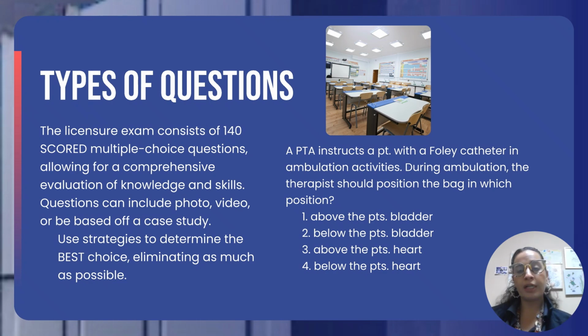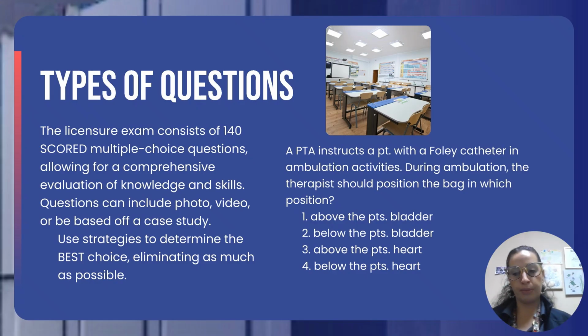But if I'm already thinking it's urine, urinary catheter, the two options that say above the patient's heart or below the patient's heart, and two options that say bladder. Well, urine is connected to the bladder. So to me, 1 and 2 are more likely to be correct than 3 and 4.